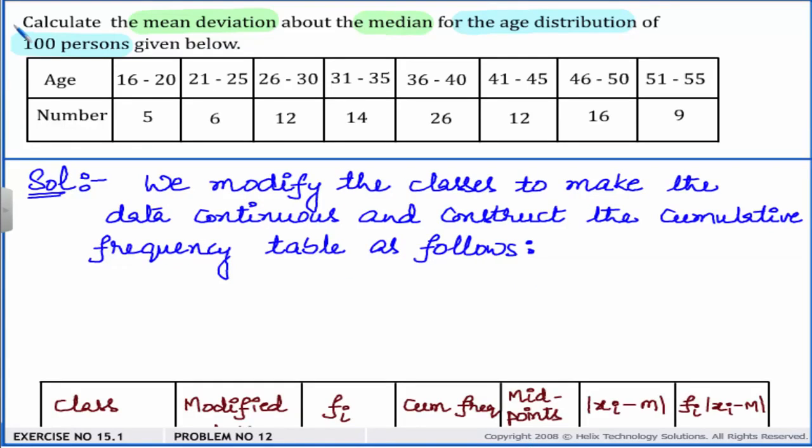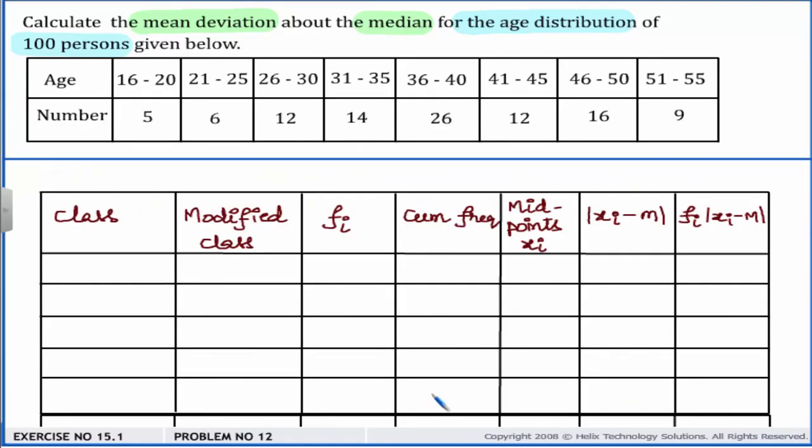So here is the tabular form. We are given the class interval as 16 to 20, 21 to 25, 26 to 30 and so on up to 51 to 55.